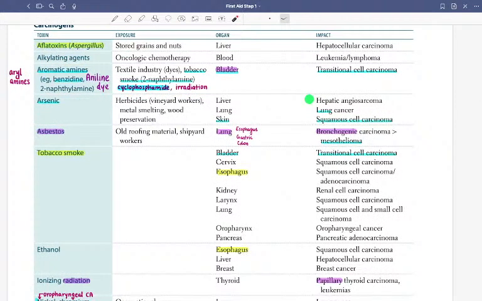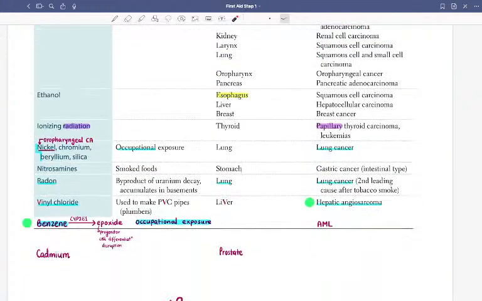Aniline dye, benzidine, aromatic amine, 2-naphthylamine, tobacco smoke, cyclophosphamide, irradiation, textile industries: bladder cancer. Benzidine, arylamine, that is bladder. But benzene is AML. Benzene is AML, benzidine is bladder cancer.